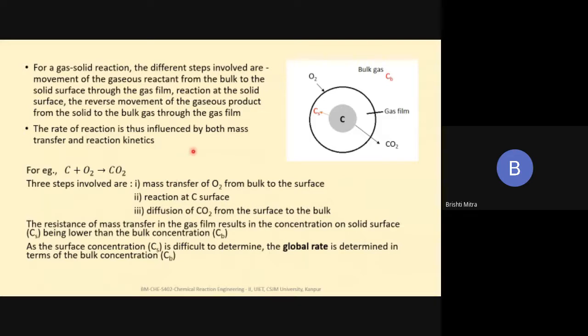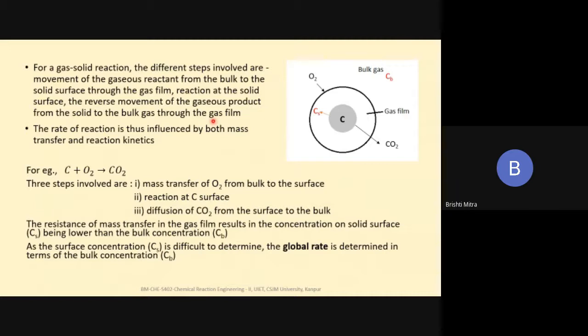For a gas-solid reaction, the different steps involved are the movement of the gaseous reactant from the bulk to the solid surface through the gas film, reaction at the solid surface, and the reverse movement of the gaseous product from the solid to the bulk gas through the gas film.